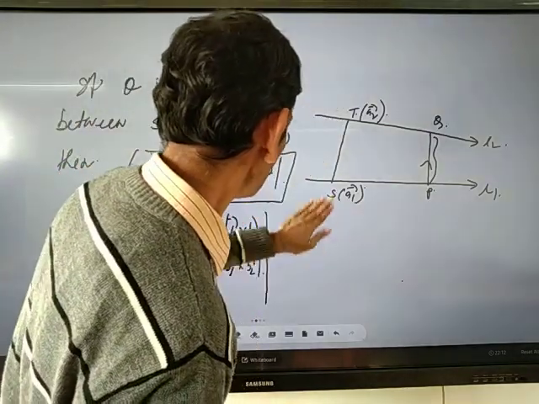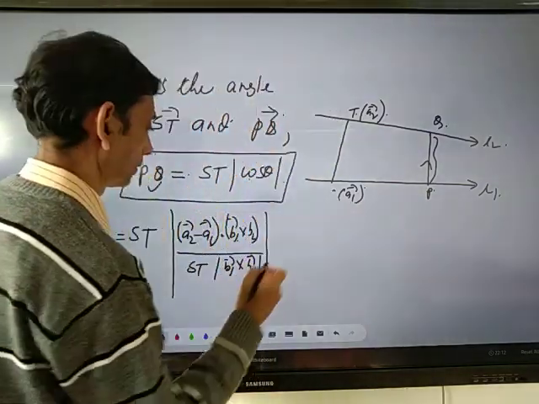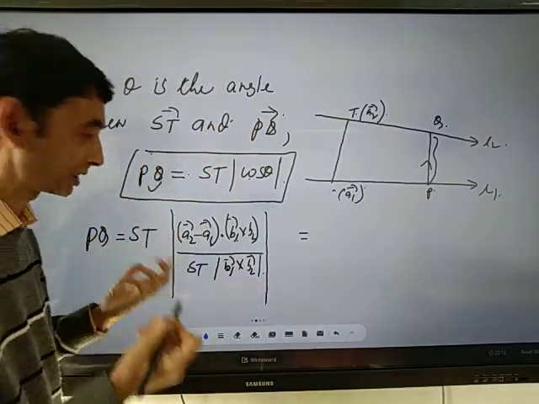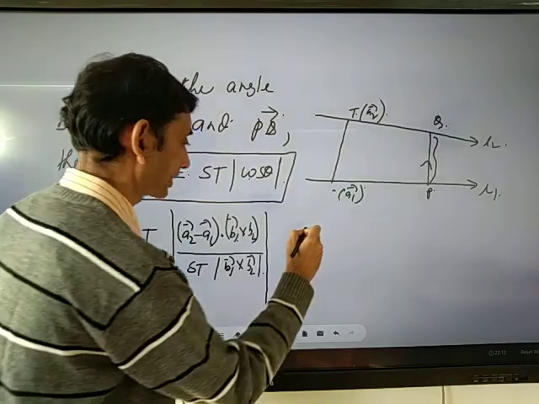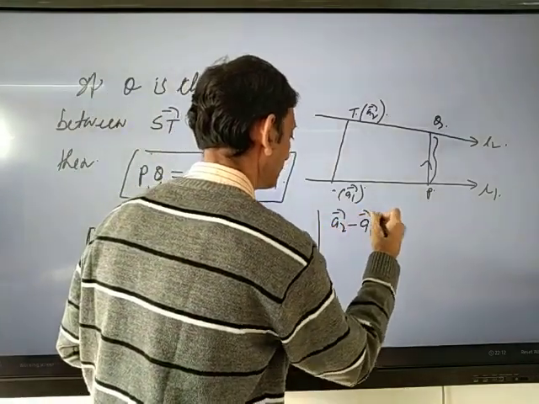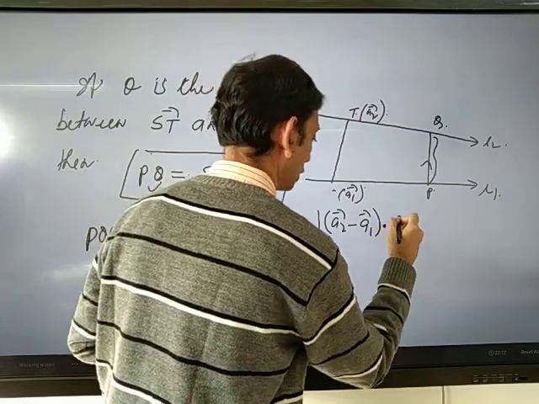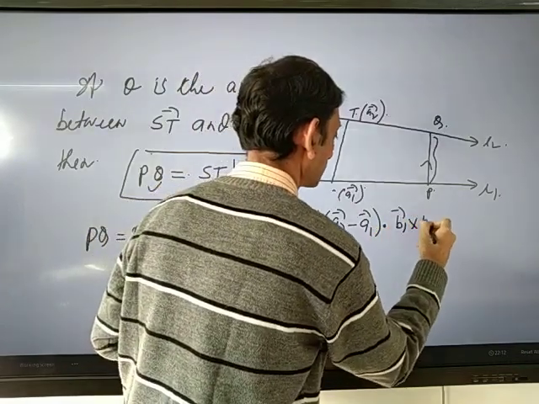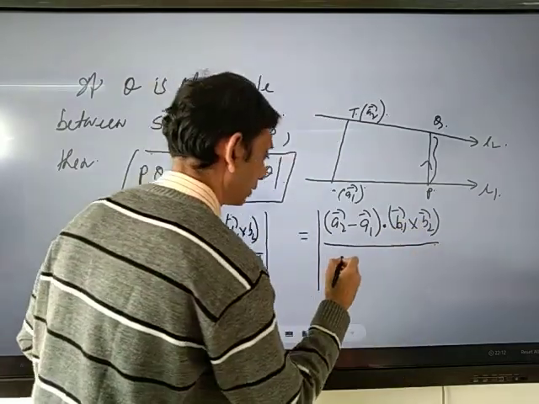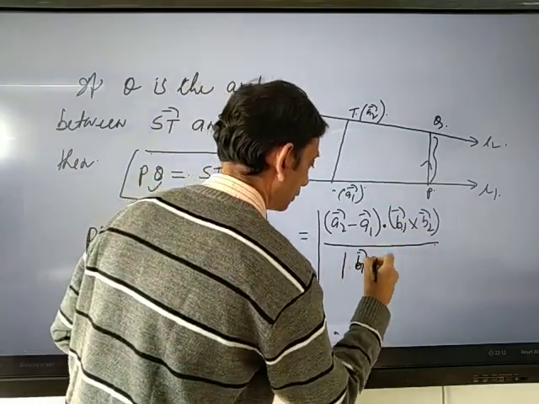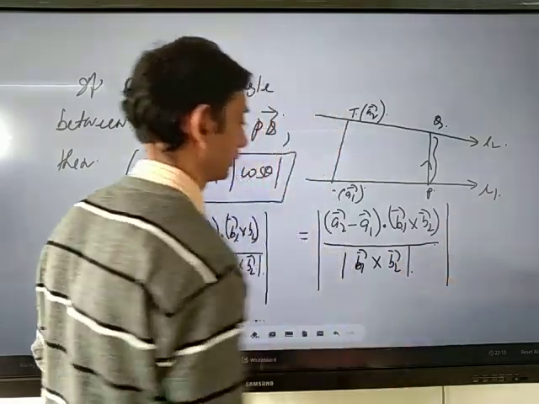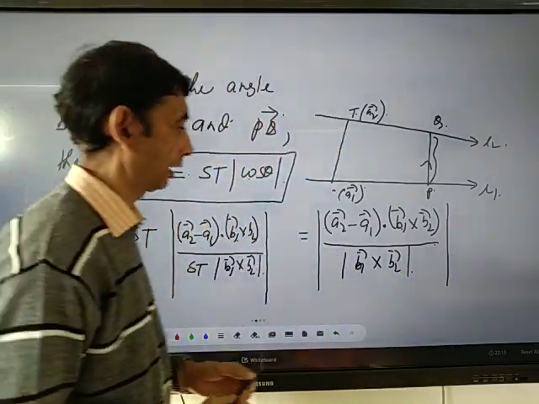So we can finally write the value of PQ. This is equal to PQ, or you can just write PQ as D. So ST you can cancel out. So you can write A2 minus A1 dot B1 cross B2 by mod B1 cross B2.